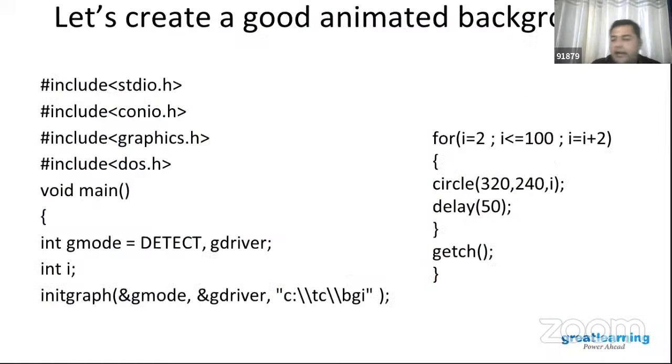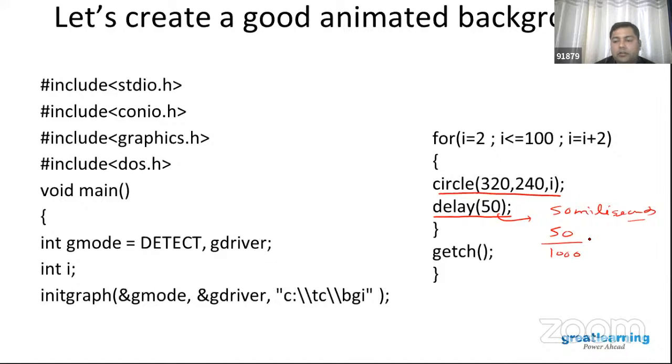If you see this code carefully, what am I doing? I'm just doing a simple thing. The same circles have been drawn here, but what is the difference? After every circle, I'm waiting for 50 milliseconds. That means you are waiting for 50 upon 1000 seconds.